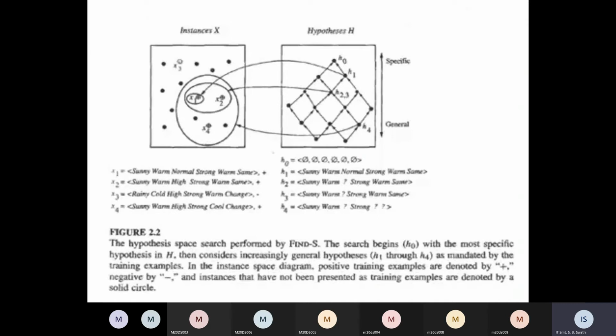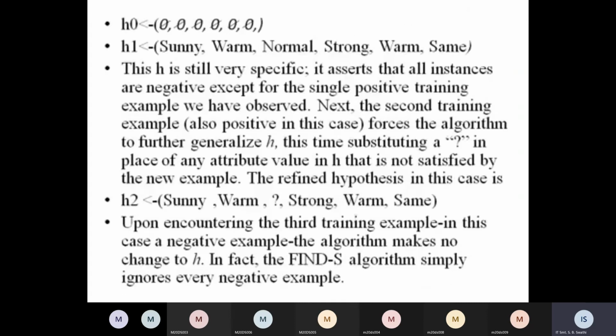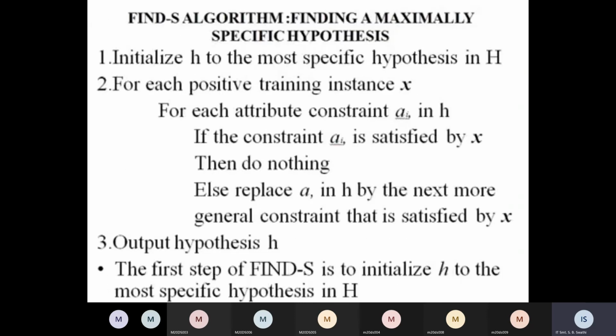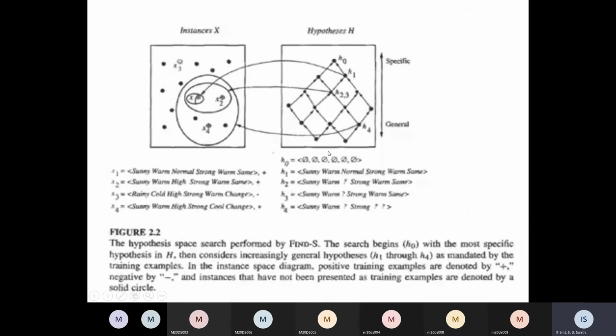So this graph will represent how to convert a specific to a generalized hypothesis. We'll try to understand each step by seeing the example. First we will start with one hypothesis. Randomly we will take one hypothesis.